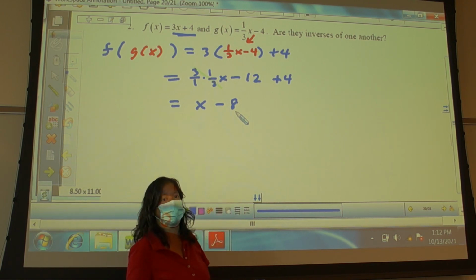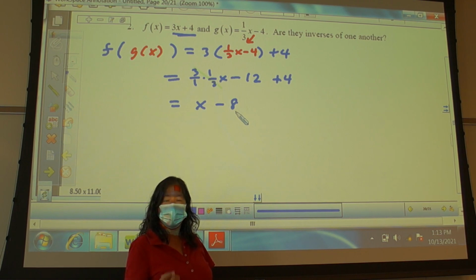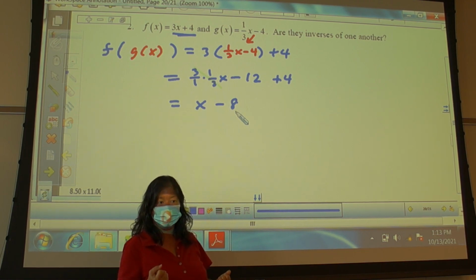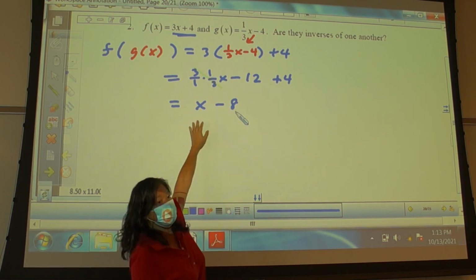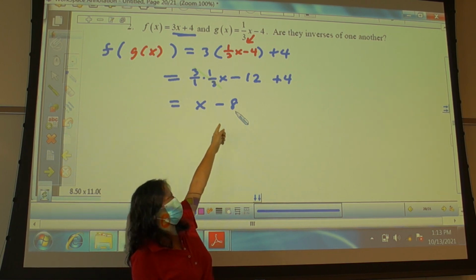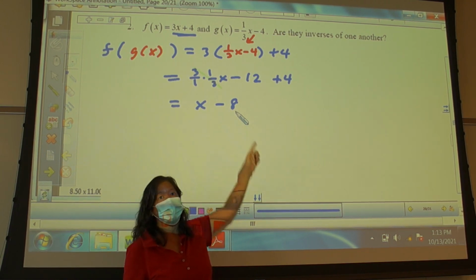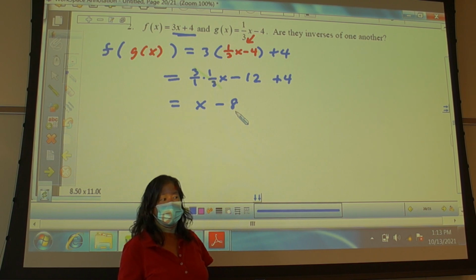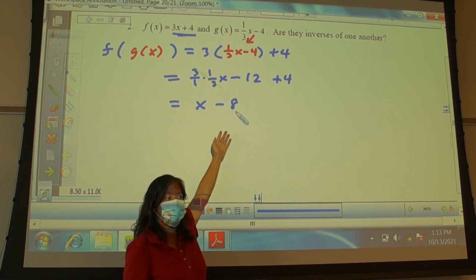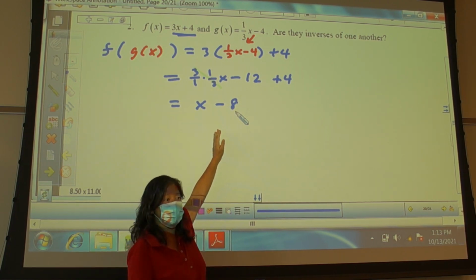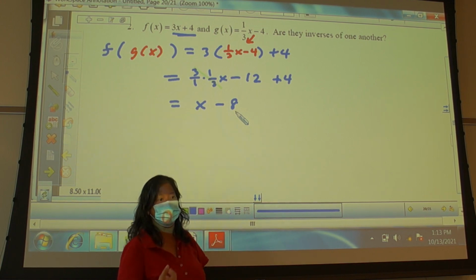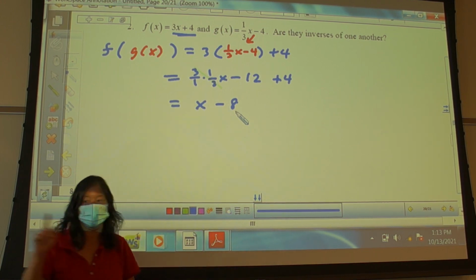You did not get back what you started with. Everybody understand what I'm saying? I started with x, I got back at the end, after I did both of them, x minus 8, that's not x. Whatever I started with, I got 8 less back. So it's not the same. They did not undo each other, so they're not inverses.